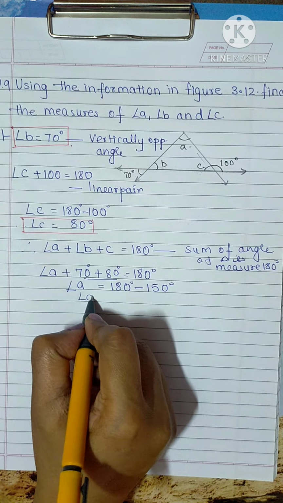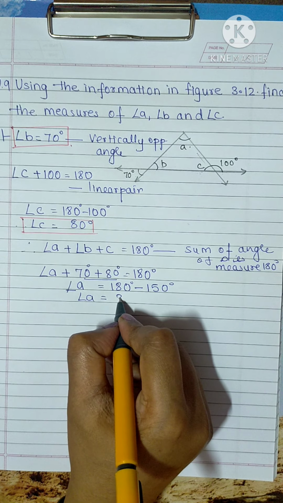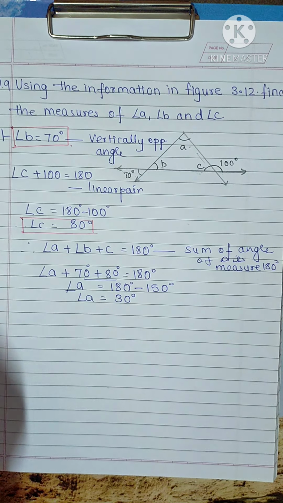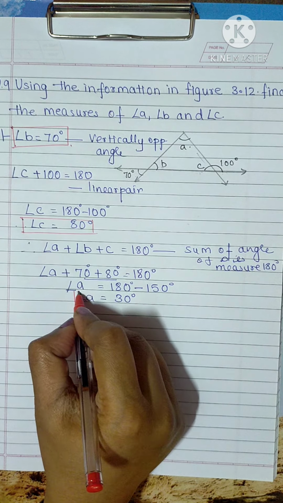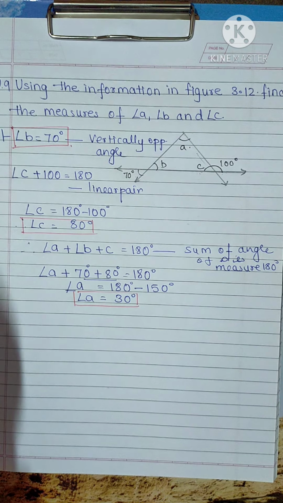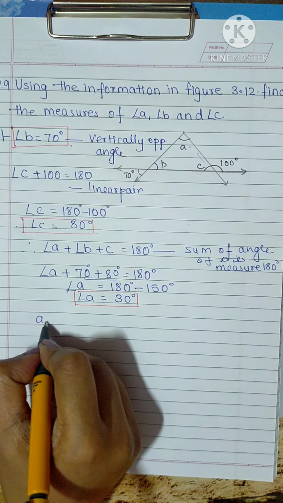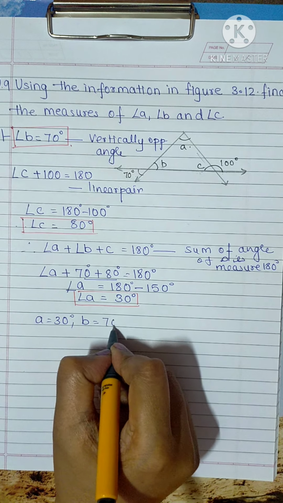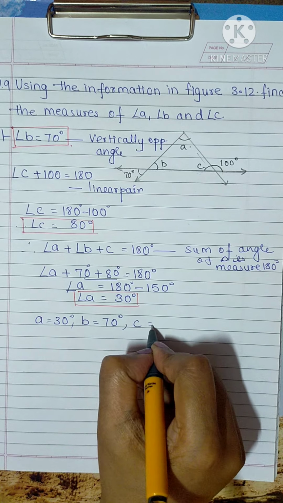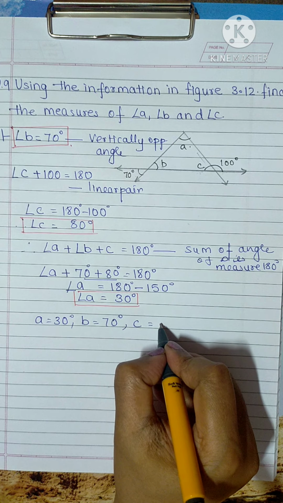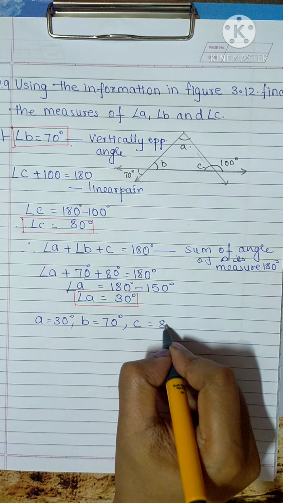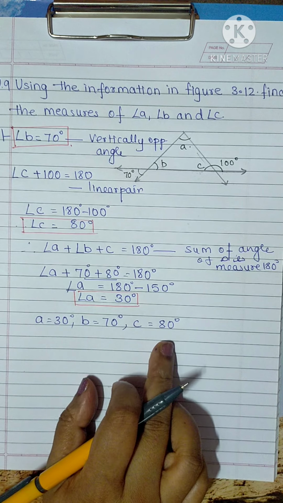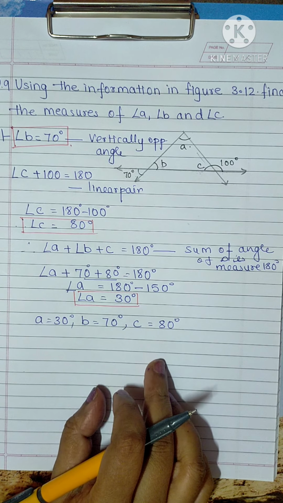Now angle A is equal to 30 degrees. So we have found three angles. Angle A is 30 degrees, angle B is 70 degrees and angle C is 80 degrees. I hope you understood. It is very simple and we have solved it.